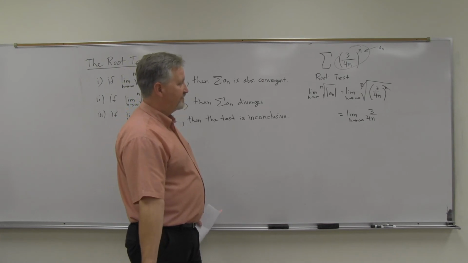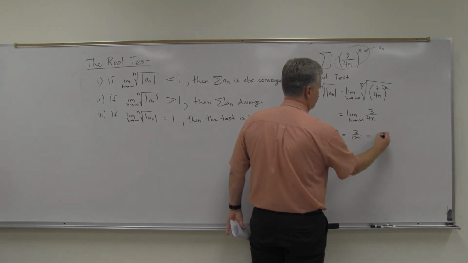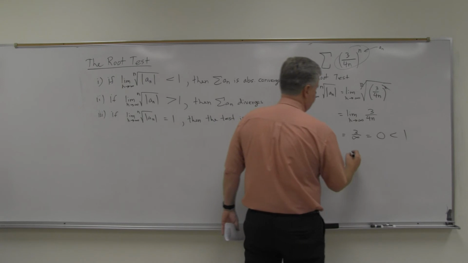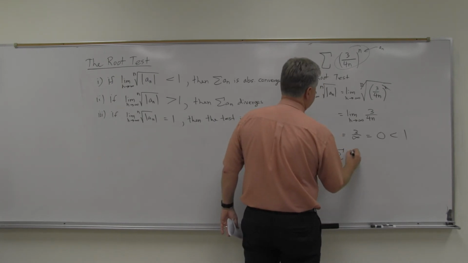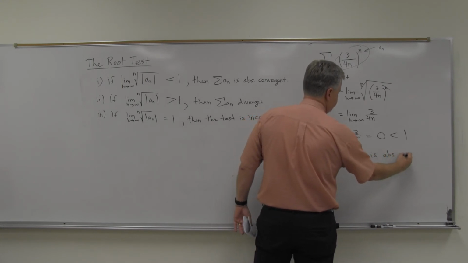You've got 3 over infinity, that's 0, which is less than 1. So by the root test, our series, 3 over 4n to the nth, is absolutely convergent.